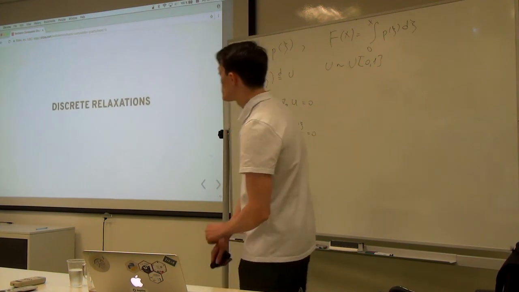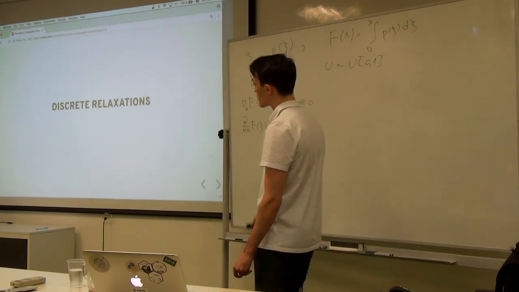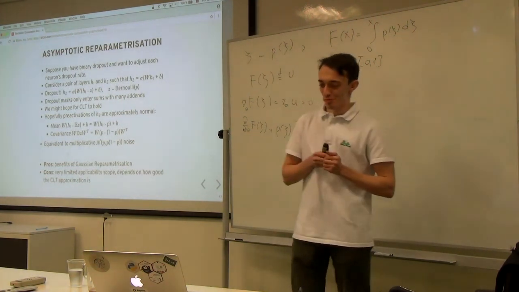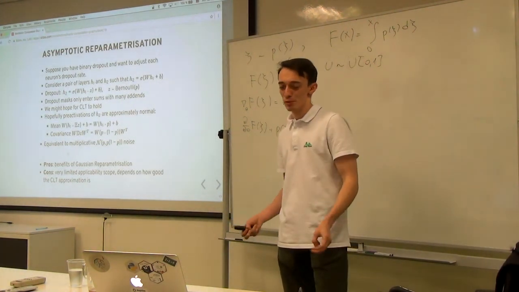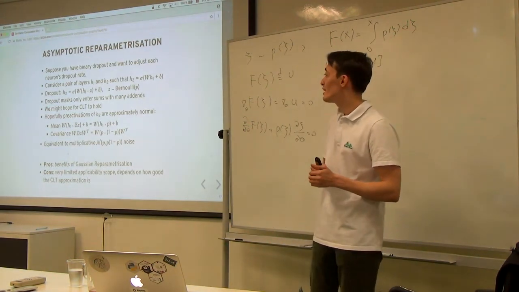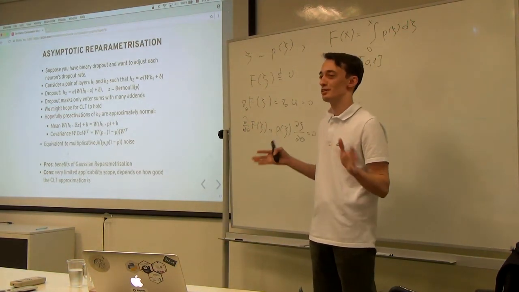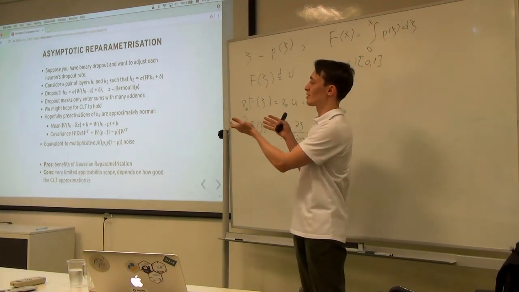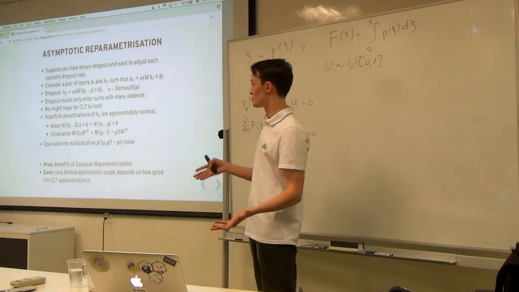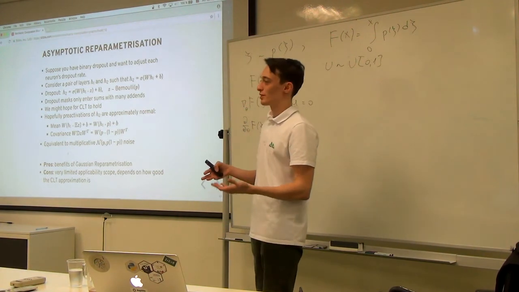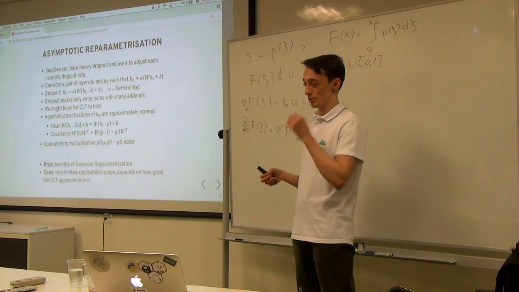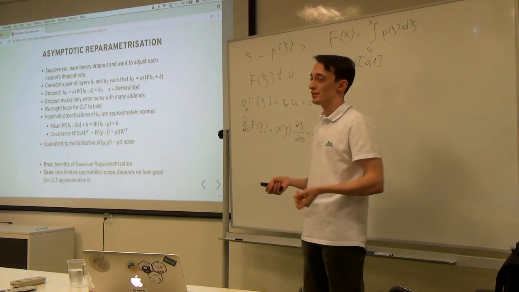Okay, let's move on to discrete relaxations finally. First, I'd like to talk about what I call asymptotic reparameterization. I have not seen anyone in any paper mentioning that, though actually this is what sort of justifies using Gaussian dropout. Why using Gaussian dropout can be somewhat justified as a replacement for binary dropout. And the idea is simple.